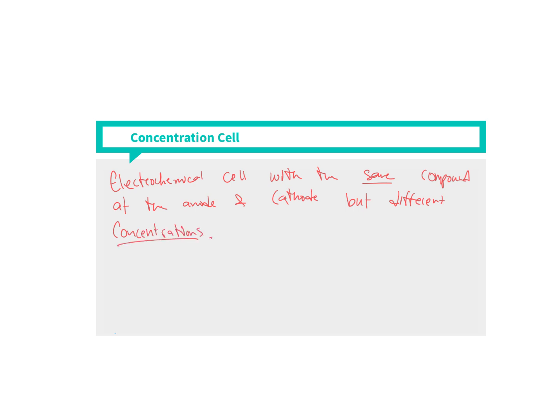Right, and so a concentration cell is essentially just an electrochemical cell that has the same thing at the anode and cathode, but they're at different concentrations. For this, the standard reduction potential is equal to 0, but Q is not. And so E, right, the non-standard reduction potential, will not equal 0. And so we can use the Nernst equation to calculate a concentration cell, which I'll show on the next slide.